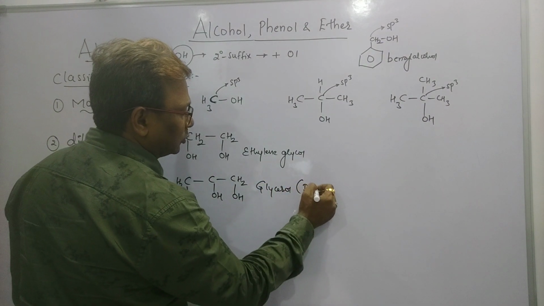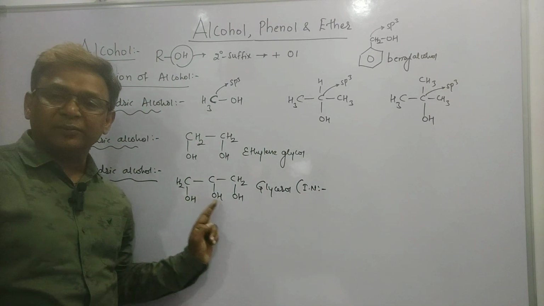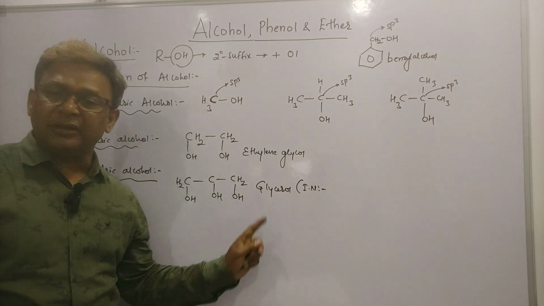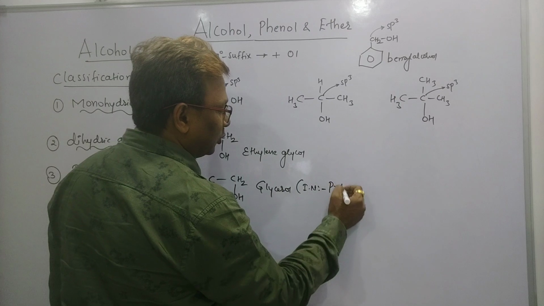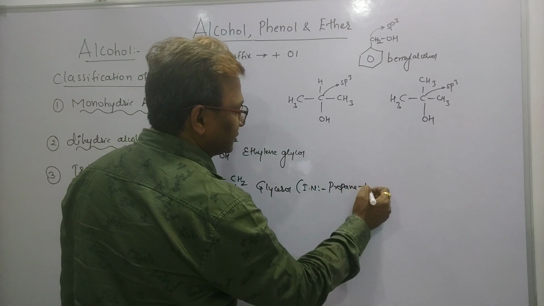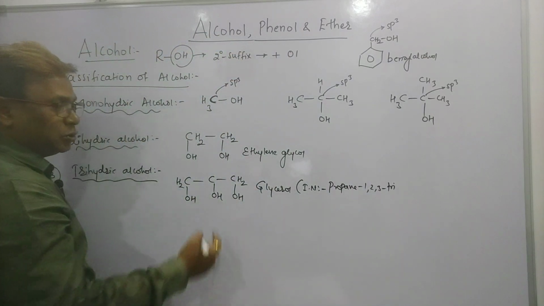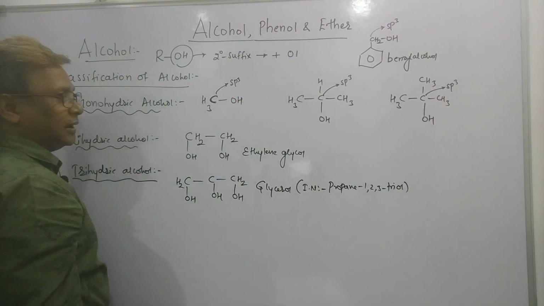But when we write the IUPAC name, according to the rule, if the compound has more than two similar functional groups, then we should write the name of the alkane. Three carbons means propane. OH is present on 1, 2, 3, which means it has three OH groups, called triol. Propane-1,2,3-triol.